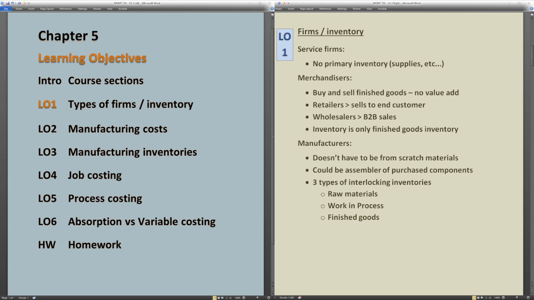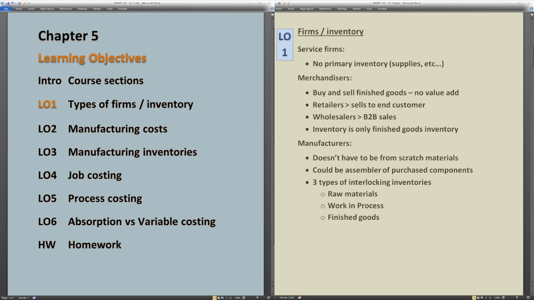Merchandisers, which is what we typically use as our example in financial accounting when we're learning about the financial statements, we use the word merchandiser because they buy and sell finished goods, meaning they buy a product as is, maybe in bulk, and then sell it individually, but they're not doing anything to change it. There is no value add. Some people say, well, why don't you just call them retailers?